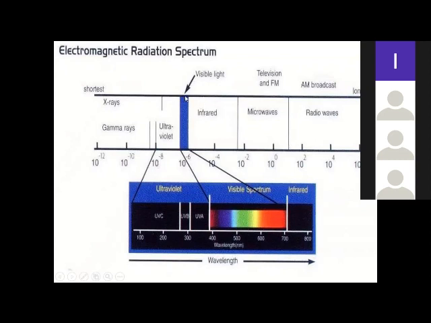Depending on the sun's temperature, it puts out most of its energy as visible light. That's very important and very good, because that's the radiation we need to keep the surface warm, and the plants also absorb this radiation to grow.